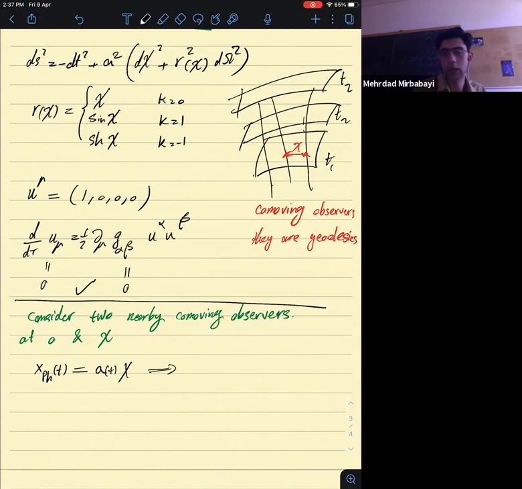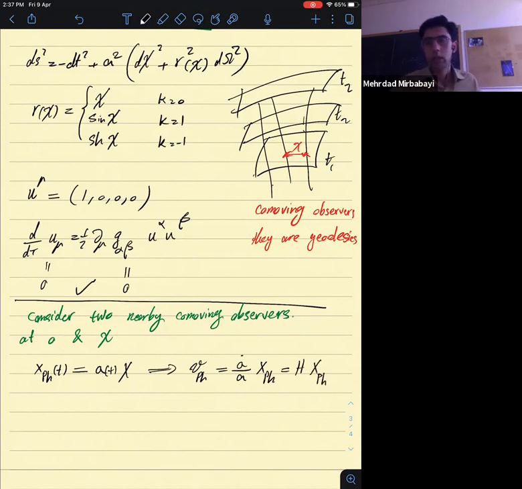So I'm one of them, and I measure the velocity of the other one. I just take the time derivative of the physical distance. So what I obtain is the velocity, the physical velocity is given by a dot over a times a chi, which is x physical, which is H times x physical.